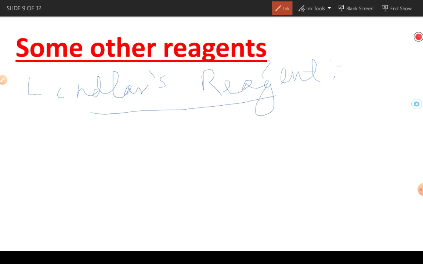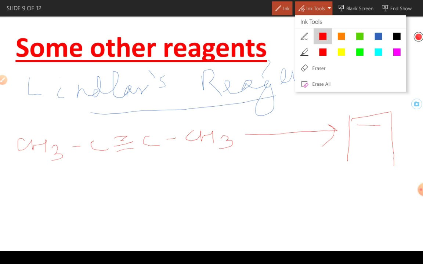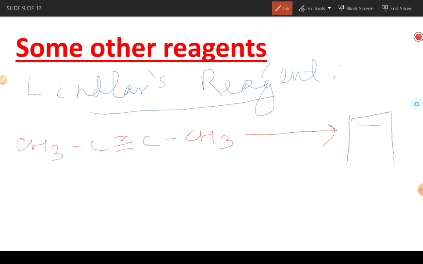The example is, you will take CH3C triple bond CCH3, this is an alkyne, and you will convert this alkyne into cis form like this. How can you convert? Through Lindlar's reagent. And you know what is Lindlar's reagent? Lindlar's reagent is H2 in presence of palladium calcium carbonate.